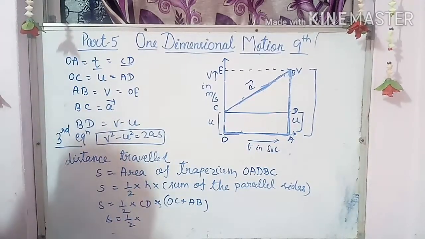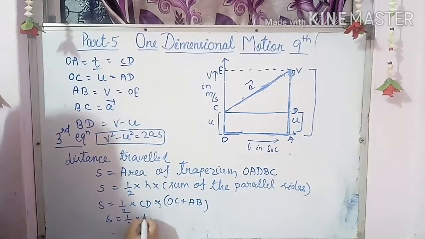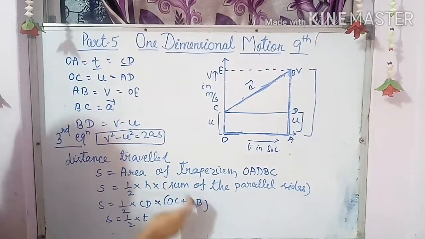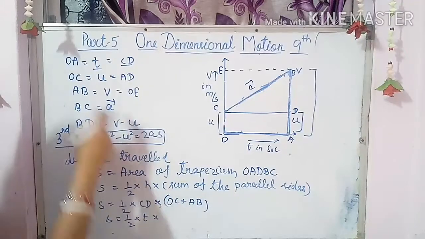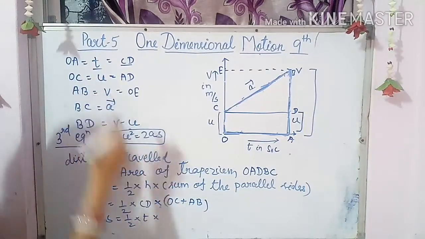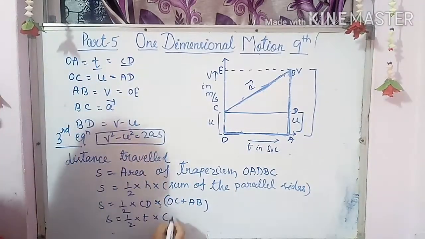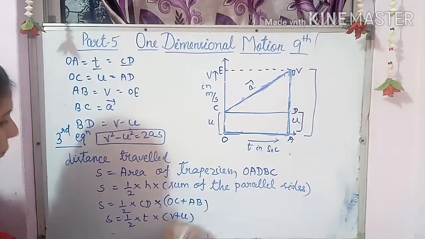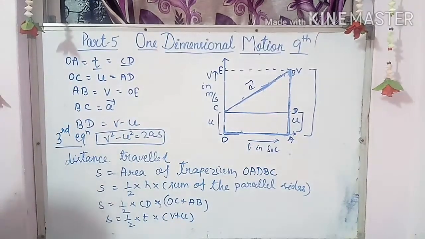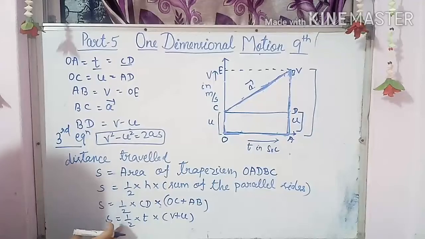Now you have to put the values. CD means you are getting T into OC plus AB. OC means U, AB means V. So you can put that as V plus U. Here is your turning point, children.